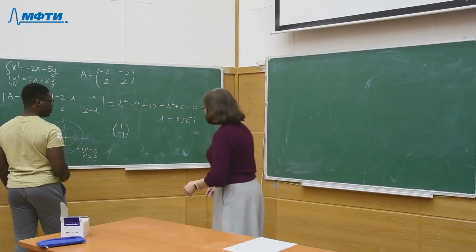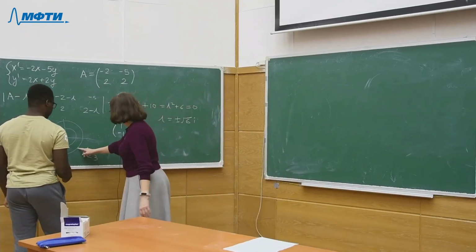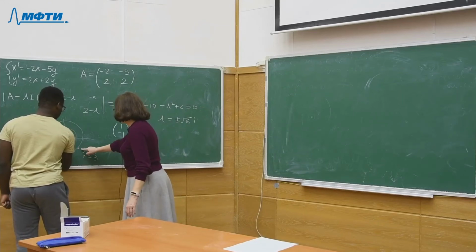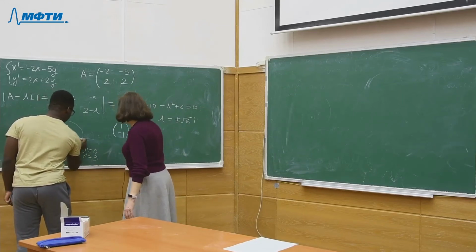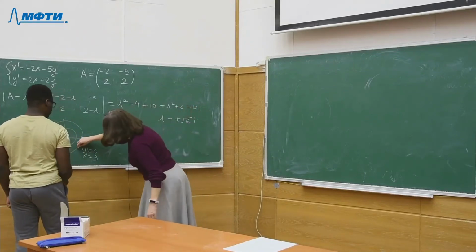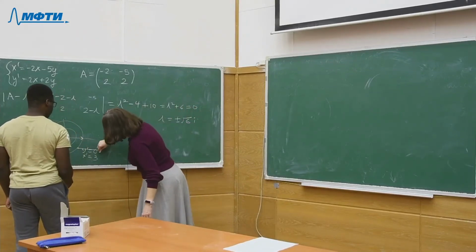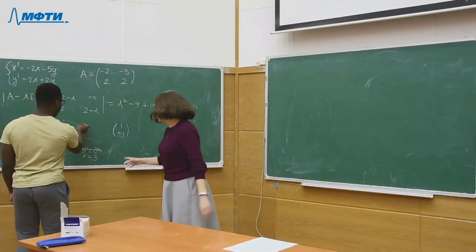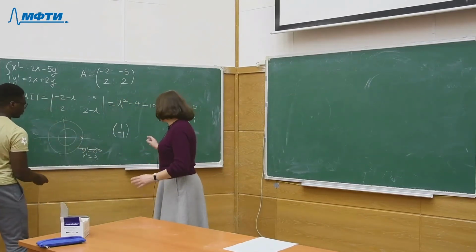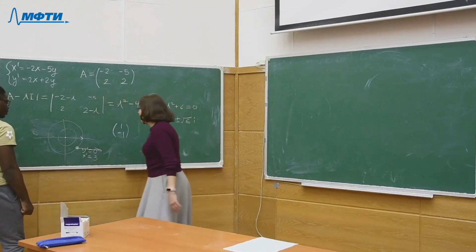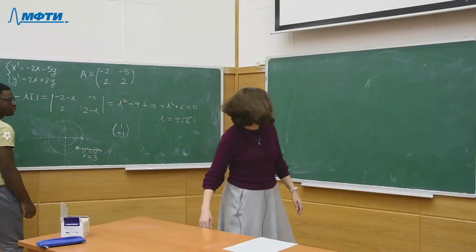So it is a horizontal direction, the horizontal vector. From this point it must be tangent to the ellipse. And the direction is in this direction.